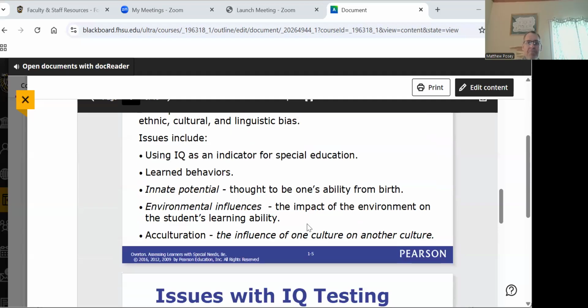Other issues are environmental influences, the impact of the environment on the student's ability to learn. We know that definitely impacts a student, right? If you look at a student that comes from severe poverty, falling under the poverty level, oftentimes we know that those families lack any type of educational resources in the home, right?